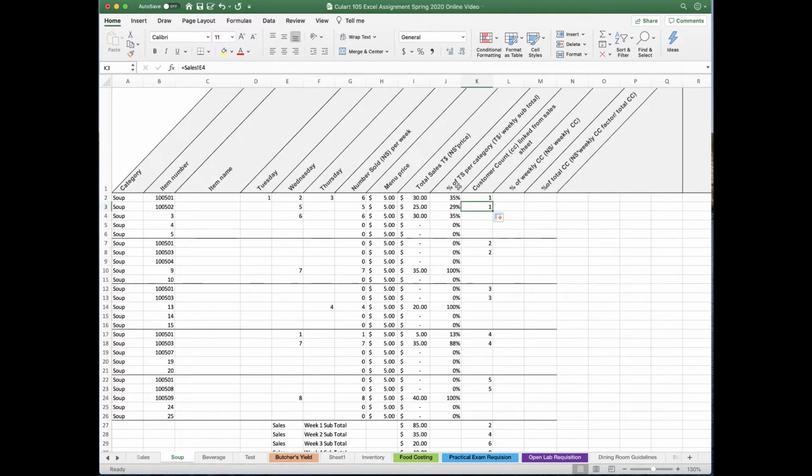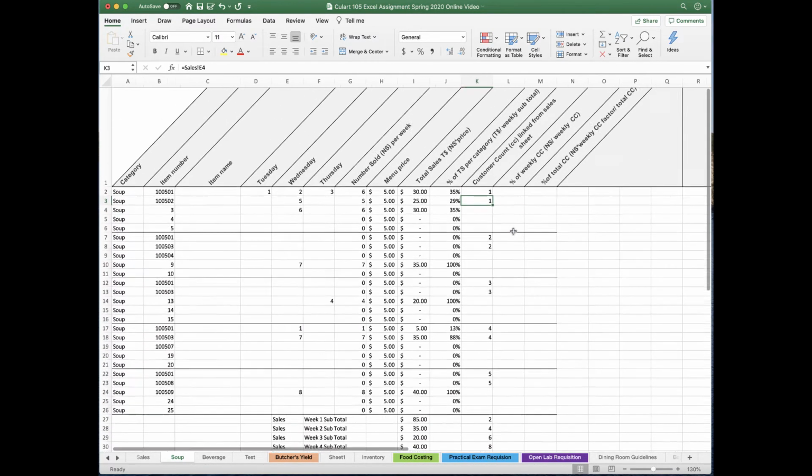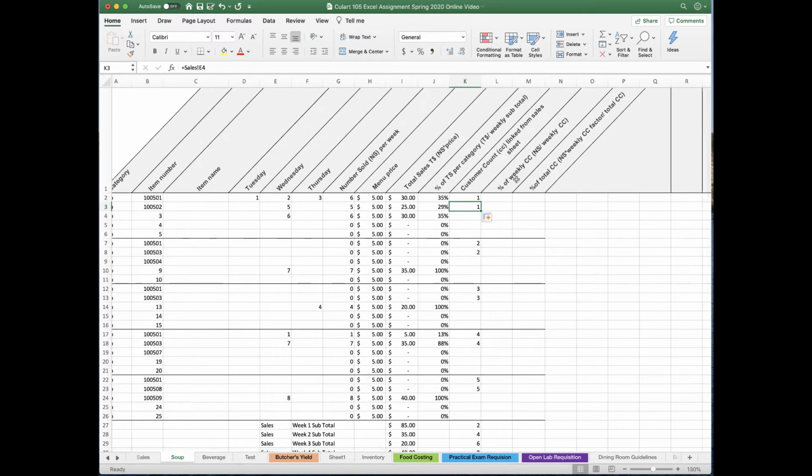All right, so moving on, we've got 2 more columns to complete here, and we're almost there. So percent of weekly customer count. So it's NS, which is number sold, divided by the weekly customer count. So that'll give us a percentage of how many people bought that particular item for that week.